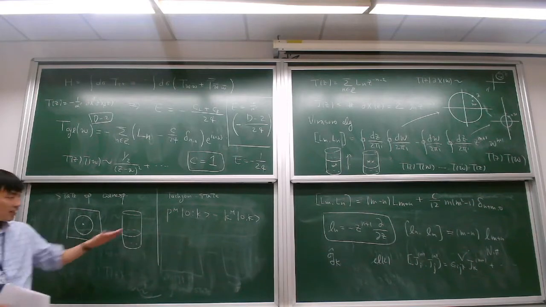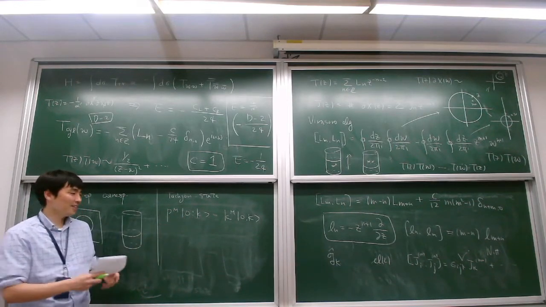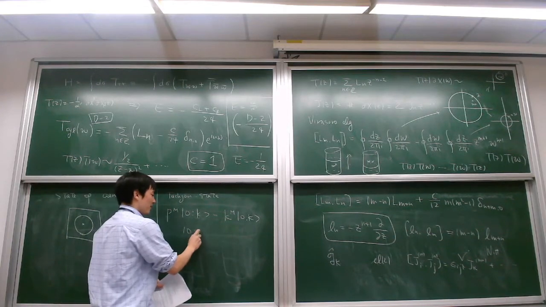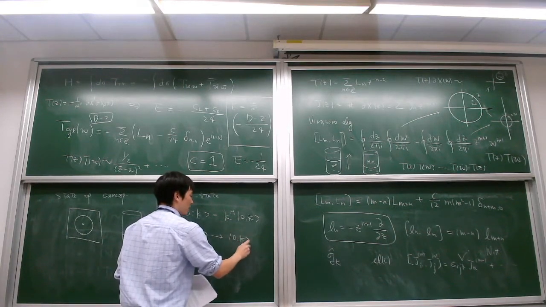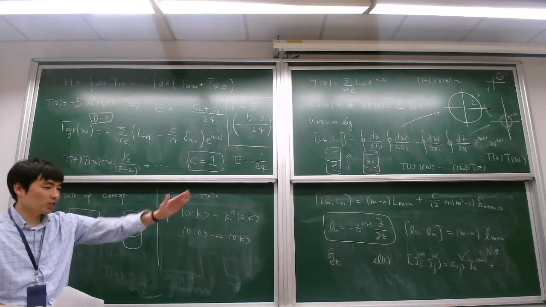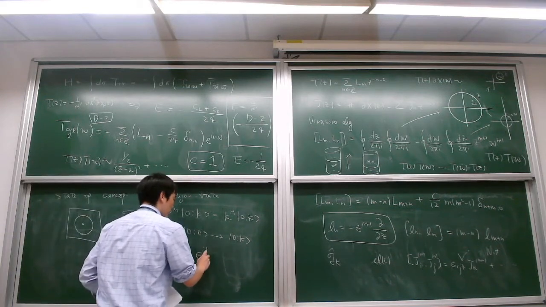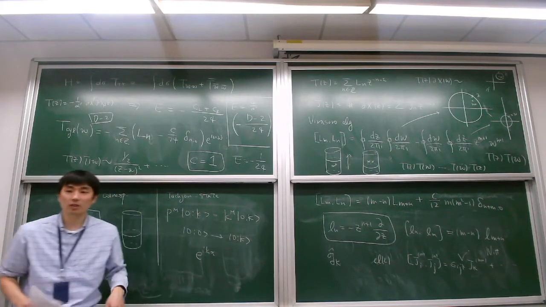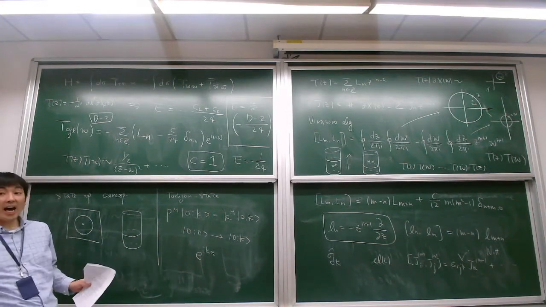If you do the 0k, it's just the translation with momentum k. And this translation is always created by this operator.